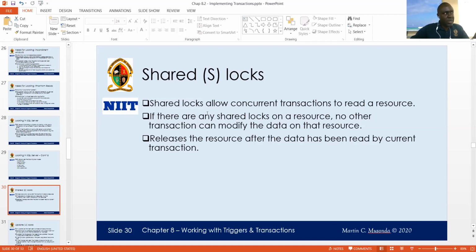But once it has read the data, and maybe it has proceeded to use that data for updating, once it has finished reading the data from the table, another transaction can access the table now and maybe insert a new row before the transaction concludes.